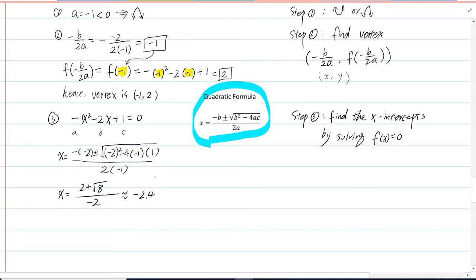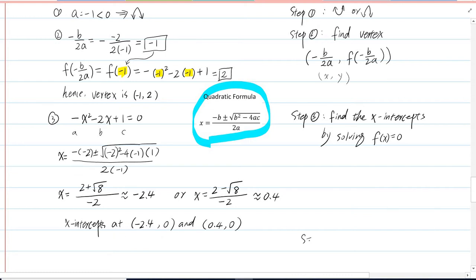Because we need to graph it, we're not going to use the square root, so I want decimal numbers. We also have x equals 2 minus the square root of 8 over negative 2, which is around 0.4. So the x-intercepts are at negative 2.4 and 0.4.